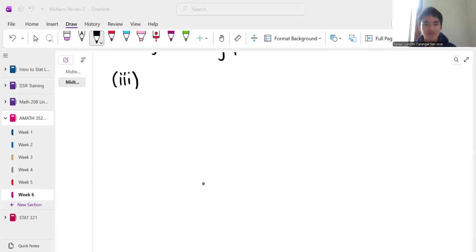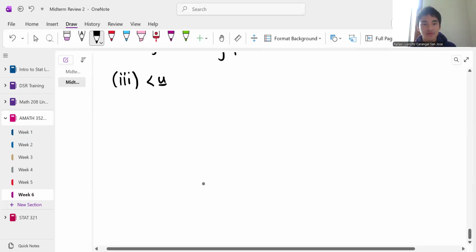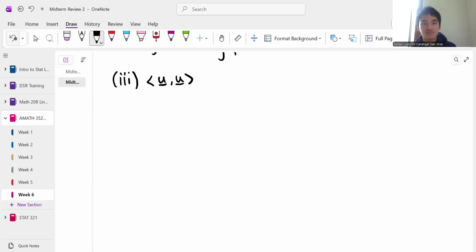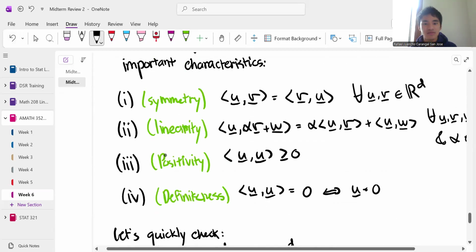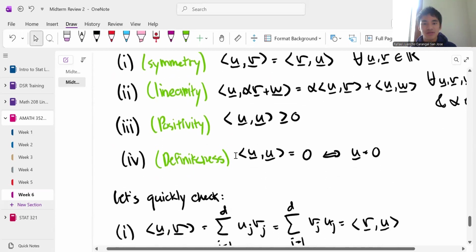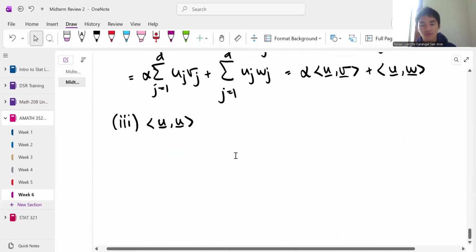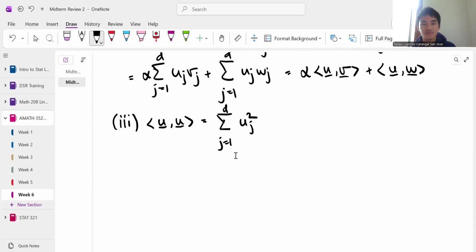Okay. Now here's this other one, u. And here, apparently this is always greater than or equal to 0. How do we prove that? Well, this one is easily a proof because we're always squaring it.